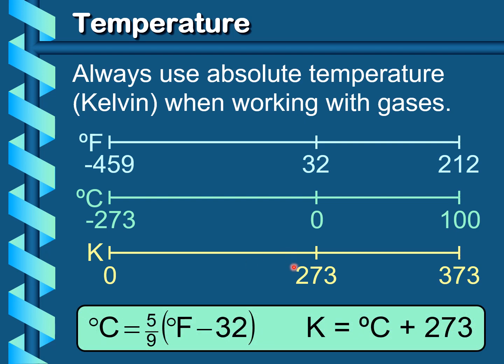For example, if you are to ask how many Kelvin are there in 0 degrees Celsius, of course if you put 0 in here, it would be 273. So the illustration really tells us that 0 degrees Celsius is equivalent to 273. Okay, and that's also the same way you can do that to the different temperatures here.